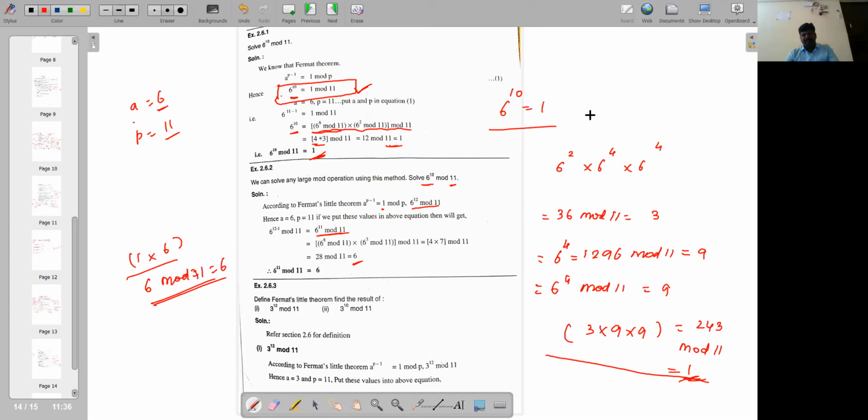This is the proven theorem. And we need to find it for 6 power 12. So again we need one more value, which is 6 power 1 mod 11, which is 6. So 1 into 6 again mod 11 will get 6. Is it clear now?